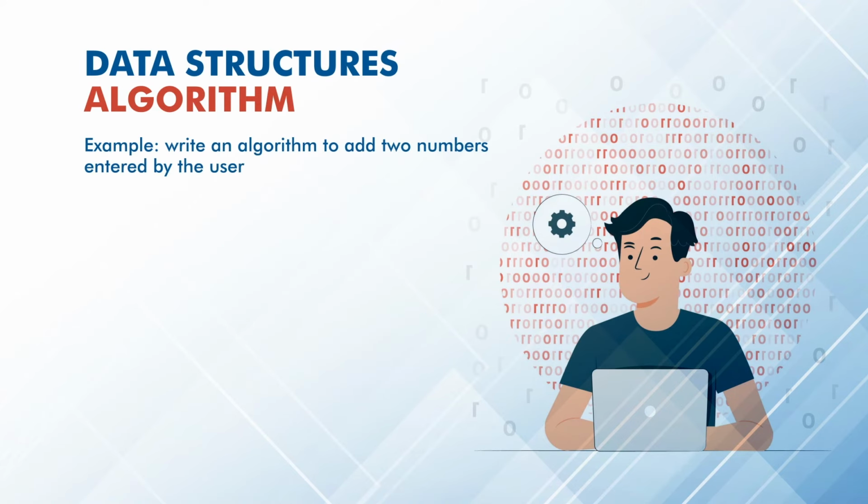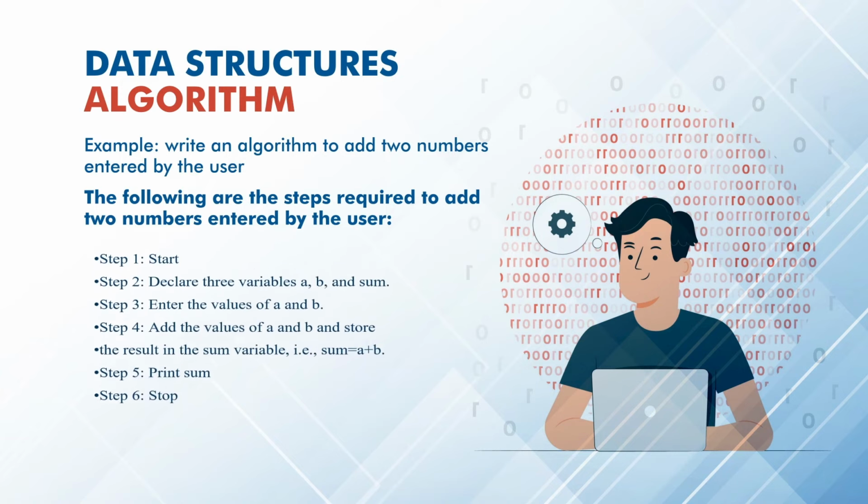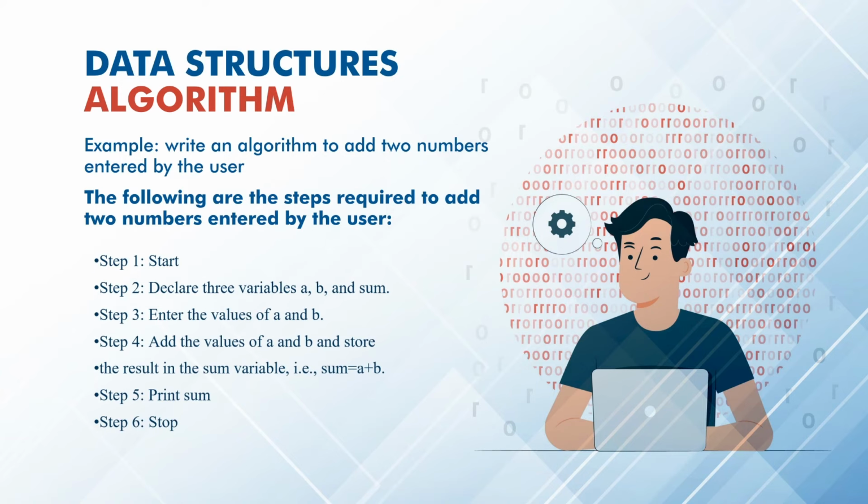Example: write an algorithm to add 2 numbers entered by the user. The following are the steps required to add 2 numbers entered by the user. Step 1 will be start. Step 2, declare 3 variables, A, B and sum.